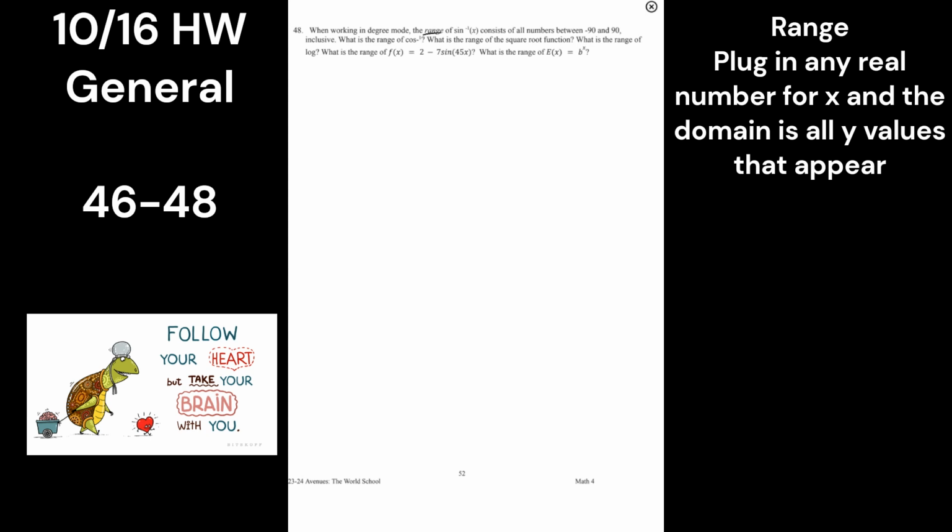So it's asking for the range of inverse sine of x, since all numbers between -90 and 90 inclusive. What is the range of cosine inverse? Here you don't even need to know about range. We know that cosine and sine are related, so we know that the range of inverse cosine of x equals, again, I'm going to use the same notation, inclusive interval of -90 to 90.